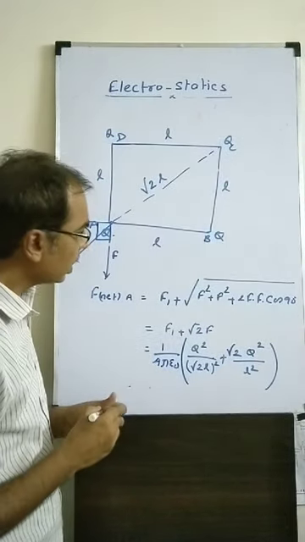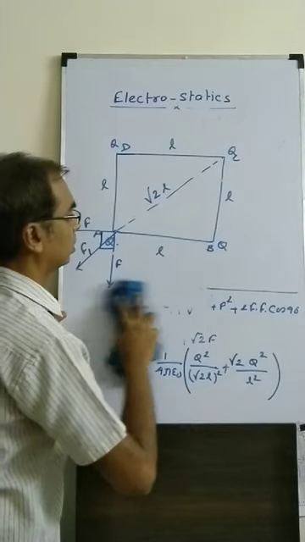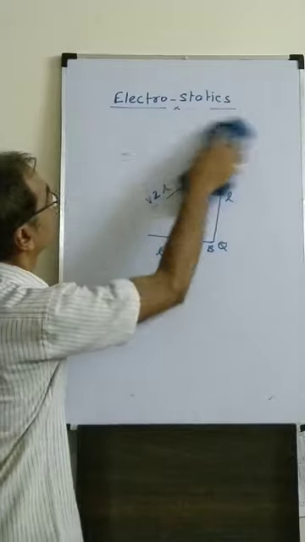But suppose I make one charge negative. If one charge is negative, then what is going to happen? Let's see.